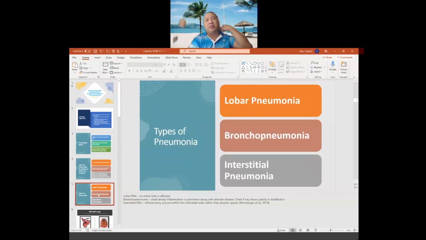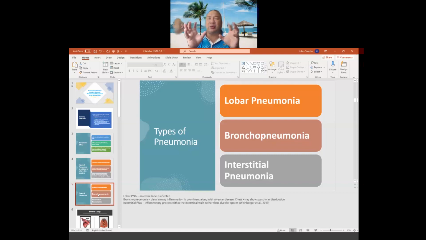Now, pneumonia can be classified by the structure of the lungs that is affected. When one lobe of the lung is affected or there is consolidation in there, that is called lobar pneumonia. When it is scattered all over the lungs, it could be bronchopneumonia.